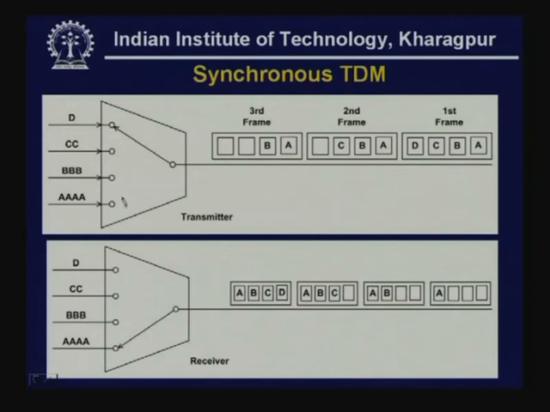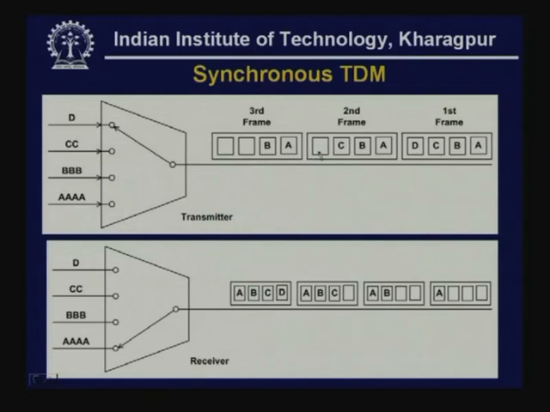Now, as you can see, the first frame has filled up all the slots A, B, C, and D. That means first it is taken from A, then from B, then from C and D. So, all the slots of the first frame are filled up. However, in the second frame, A, B and C are filled up, but there is no data in the fourth slot.